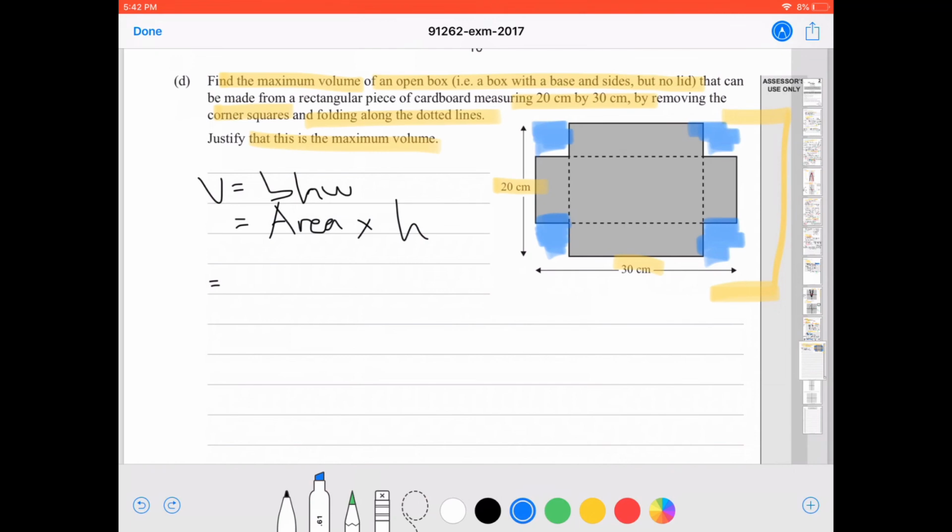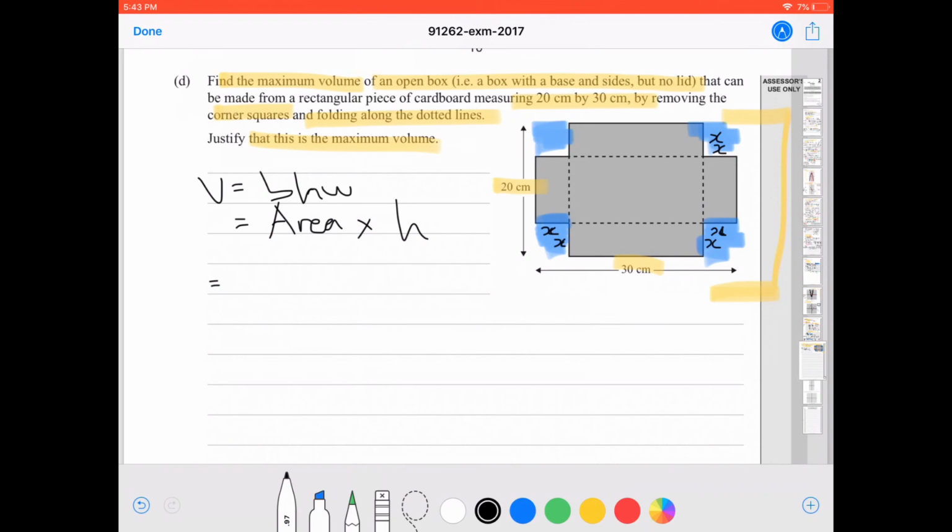Now, what is the height? Well, they don't tell us a height, but it is actually going to be just a single variable. Let's say x. And we know that because looking at our squares here that have been cut out, we can say that their length and width is x all the way around. And so this doesn't necessarily tell us a height, but if we set up our equation like this, area is obviously base times height.